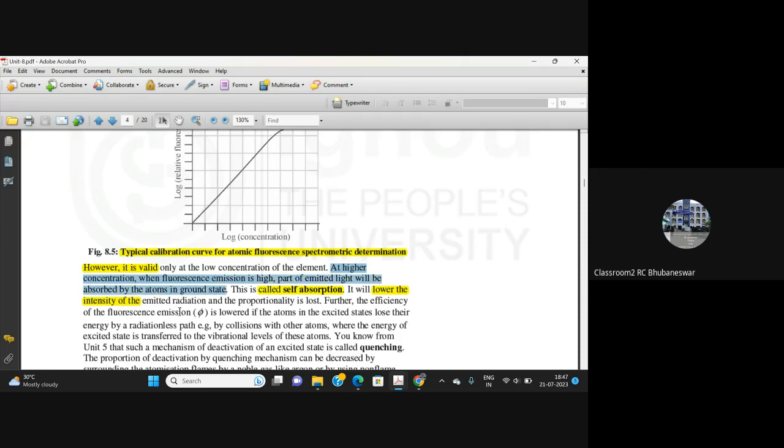What does it mean? Suppose you have 50 molecules in your sample and you are exciting them. Out of that, some will not get excited; suppose 45 molecules are excited. Then you are going to get emission from about 45.